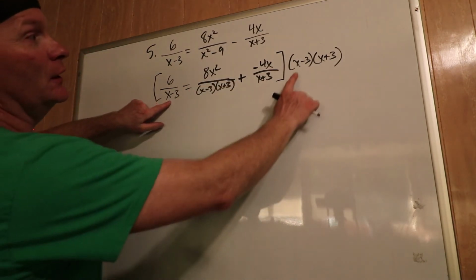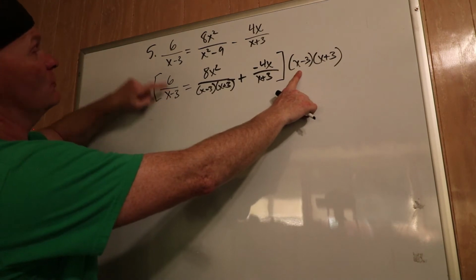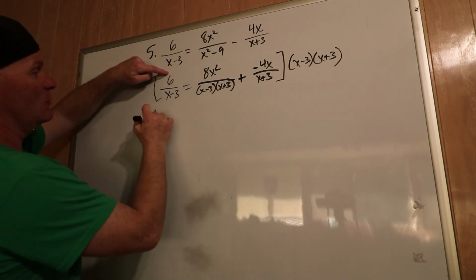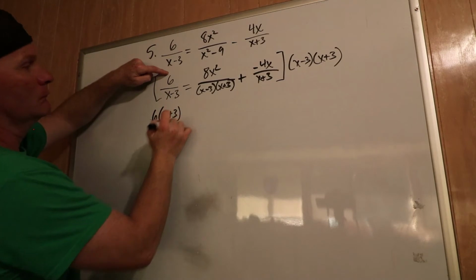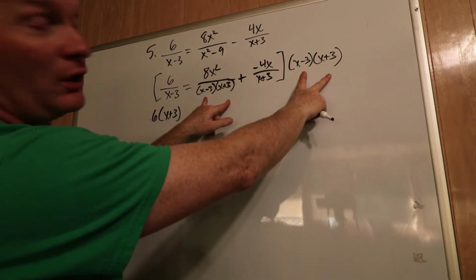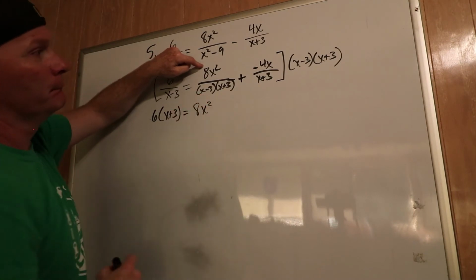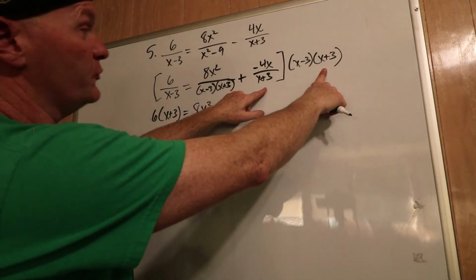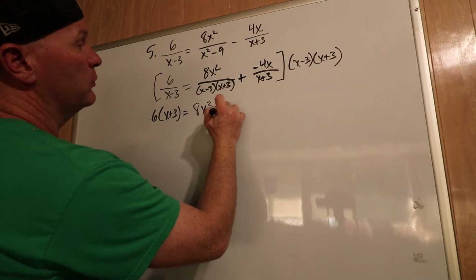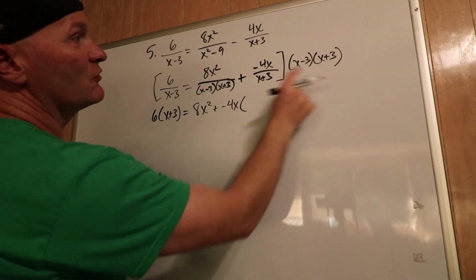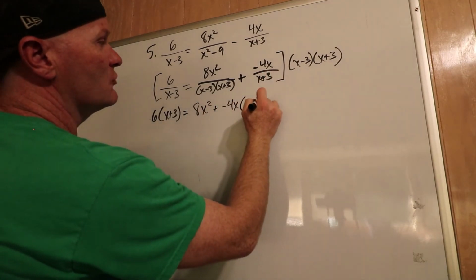Okay, so here the x minus 3's cancel out, so I have 6 times x plus 3. Here, both of those cancel out, so all I have left is the 8x squared on the top. And then here the x plus 3's cancel, so I have plus negative 4x times x minus 3.